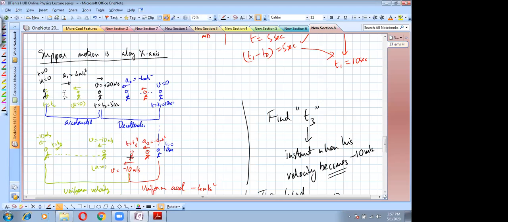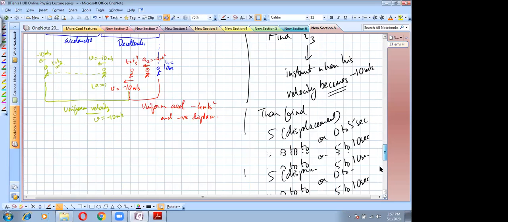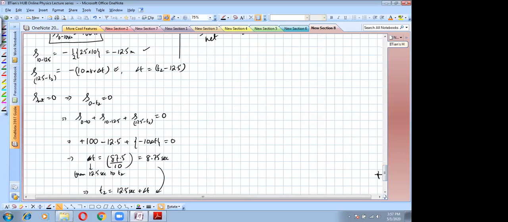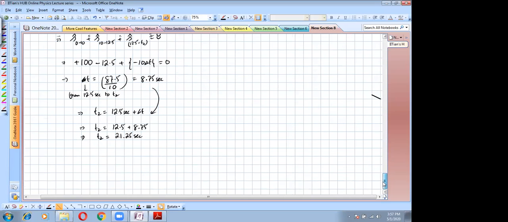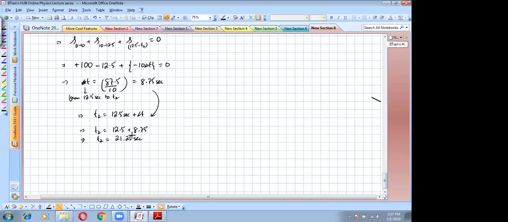So that time taken is 8.75. So when does he reach here? At the time T2, which is finally 0 plus 10 seconds plus another 2.5 plus another 8.75. So 12.5 plus 8.75, that is the total time. That's 21.25.